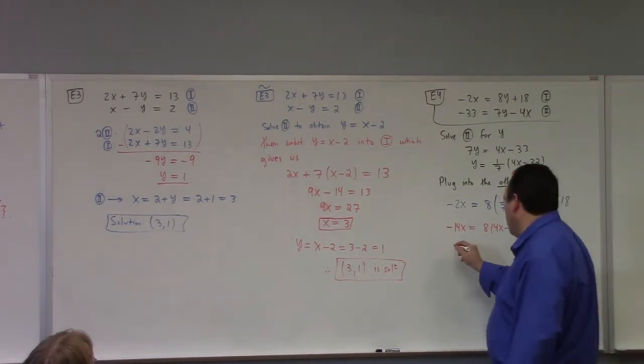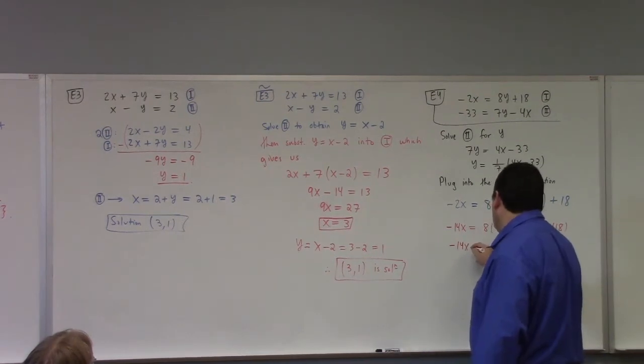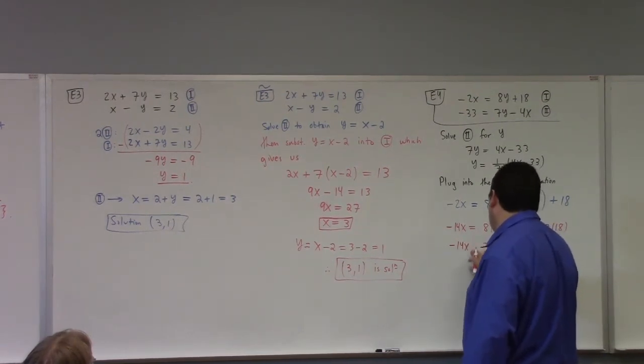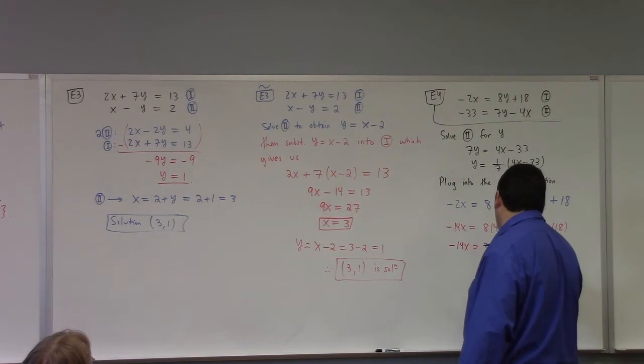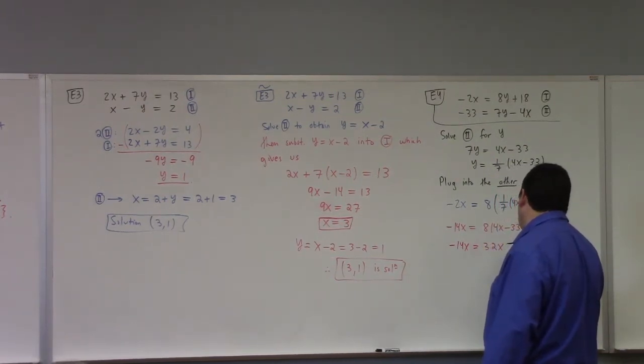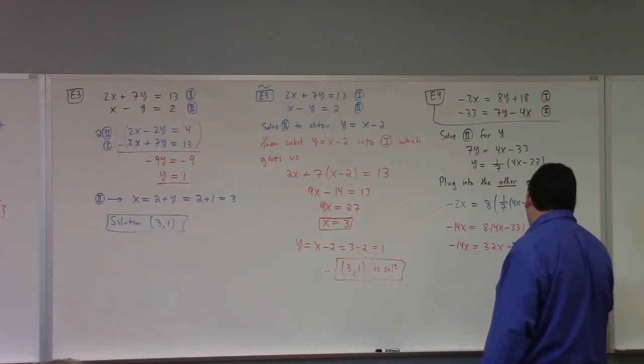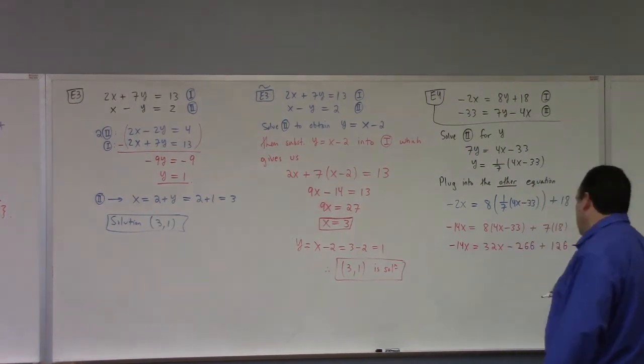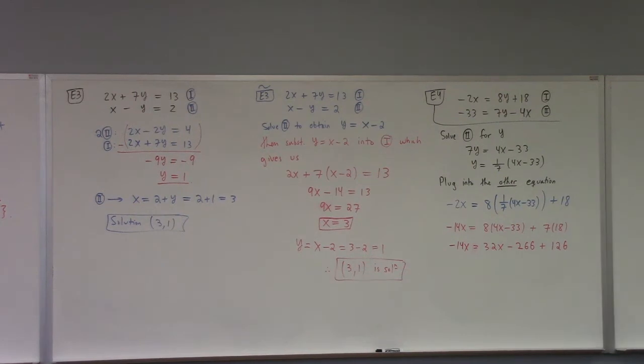So what we got here is minus 14x is equal to 32x minus 8 times 33, which is 240 plus another 24, minus 266, plus I think I said 126, was it? I guess I could get my calculator out. I'm starting to feel a little bit antsy about my numbers.